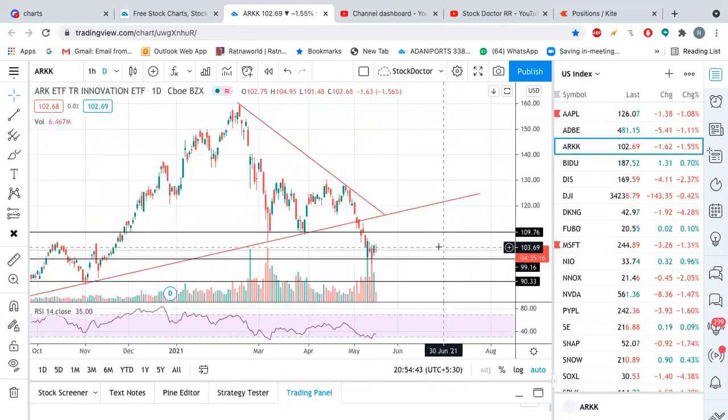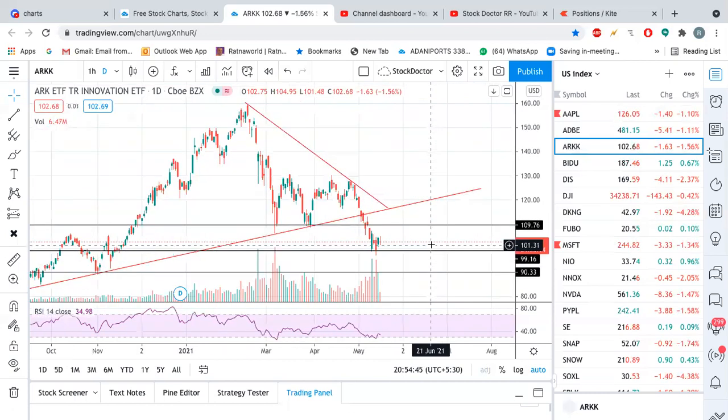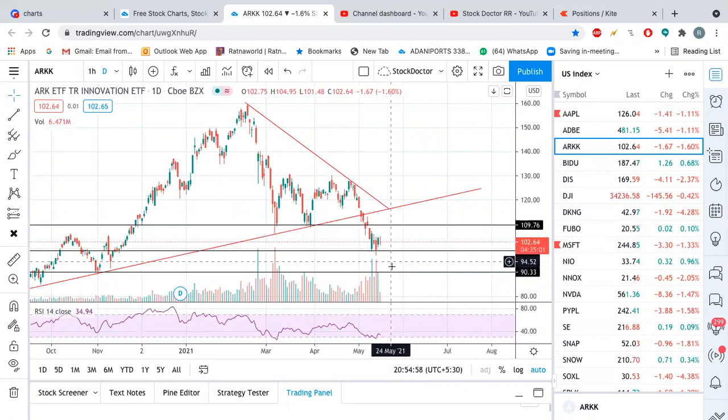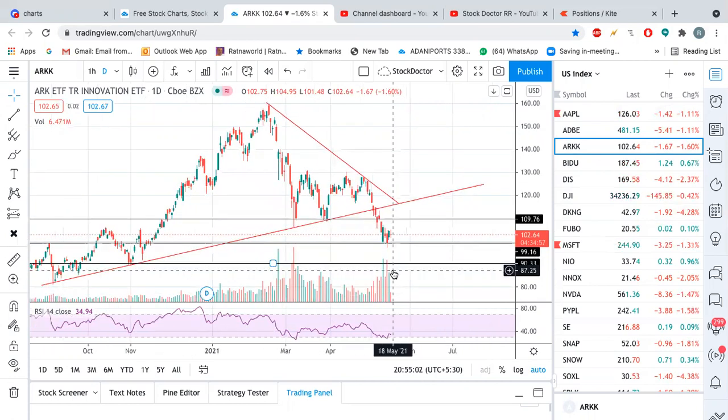But at this point of time, I am not seeing any good price action here, so I will not recommend a buy. But if somebody already has a position in this stock, they should definitely hold with a stop loss of 99 on a closing basis. If somebody is an investor, then he should keep a stop loss of 90 on a closing basis.